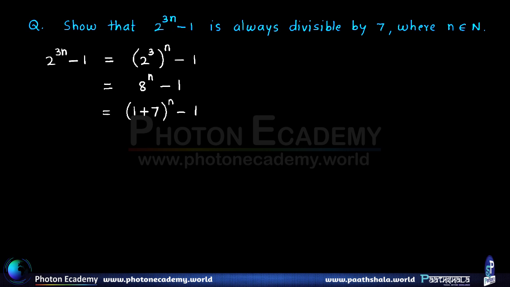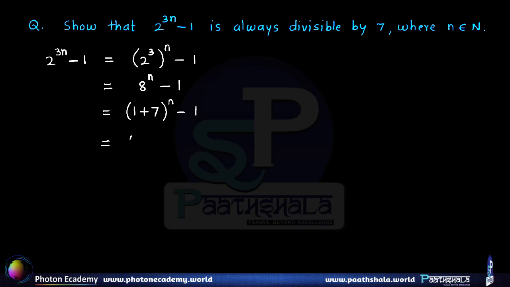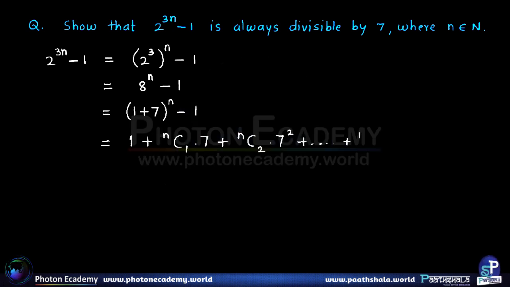Now moving ahead, if we expand this (1 plus 7) raised to n, we will have the first term as 1, plus next term would be nC1 into 7, plus next term is nC2 into 7 square, plus so on to the last term which will be nCn into 7 raised to n, and from this we have to subtract 1.